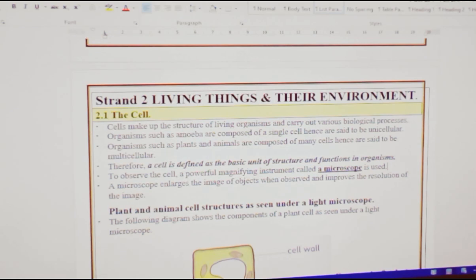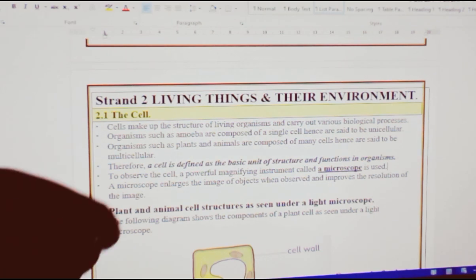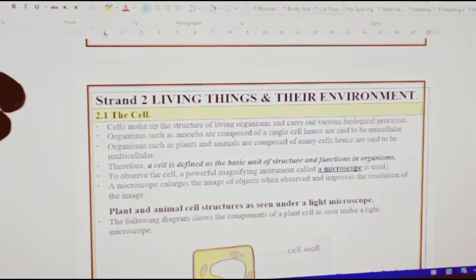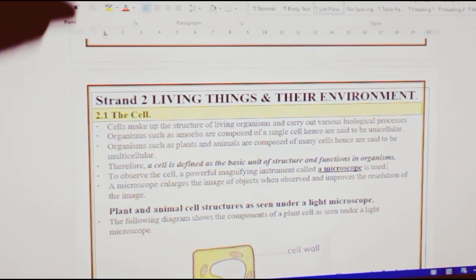Living things like plants and animals have got cells, and these cells play a very important role as far as the life of living things is concerned. Some animals or some plants have many cells and some have only one single cell.